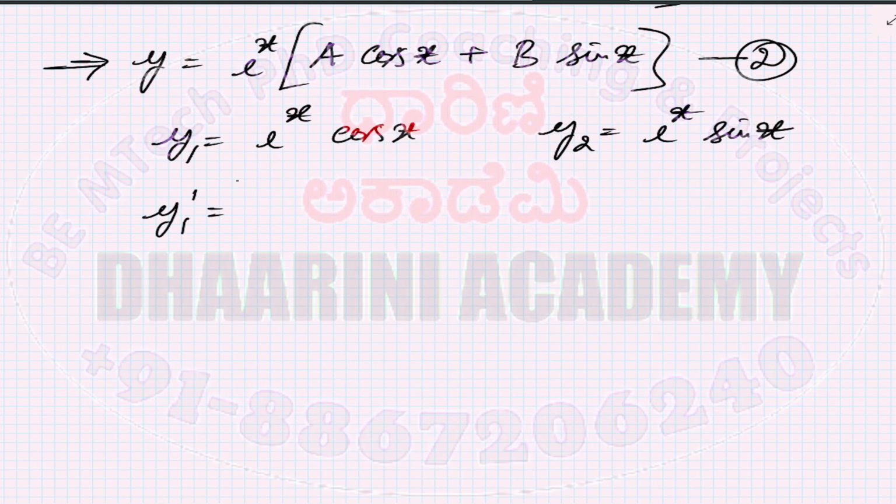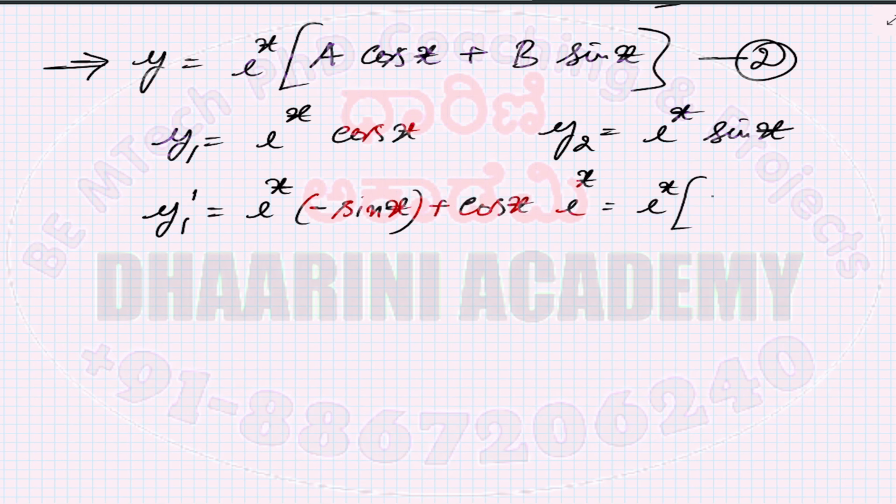So keep the first function as it is, that is e to the x. Cos x differentiation is minus sin x. Then plus, keep the second function as it is, that is cos x. e to the x differentiation is e to the x. So this can be written as e to the x into cos x minus sin x.